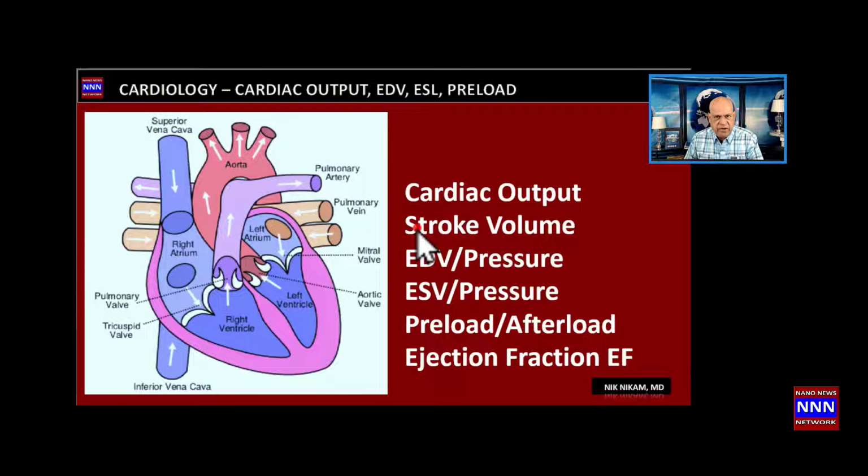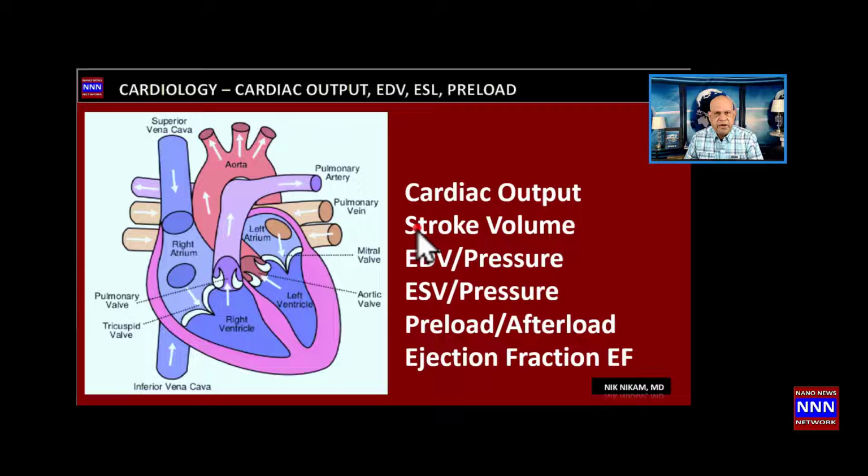So we're going to understand the physiology behind all these terminologies, and in the next video we're going to talk about congestive heart failure versus diastolic heart failure and how all these parameters come into play in helping us to understand the pathophysiology in patients with various types of heart failures. So let us begin. Cardiac output.